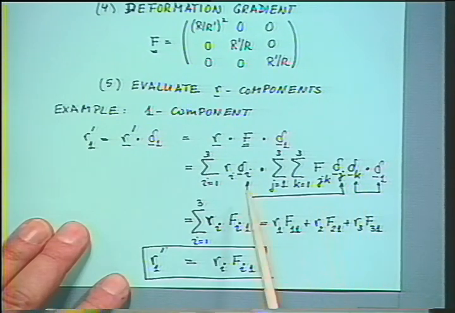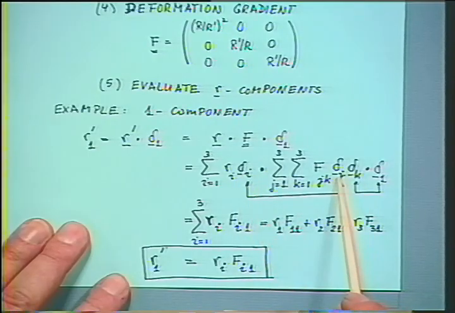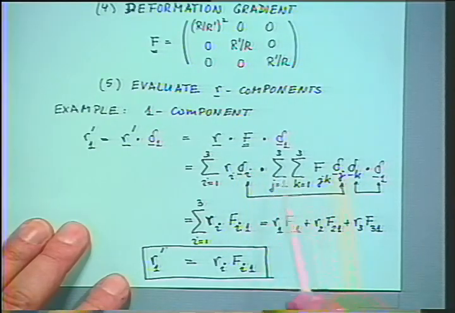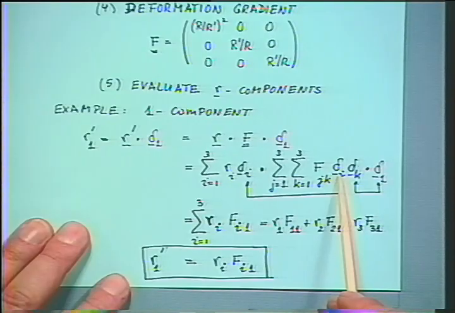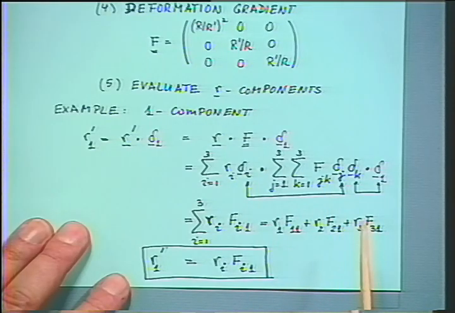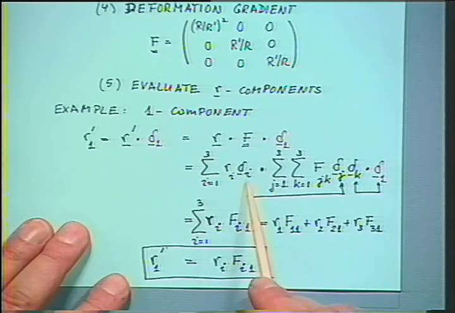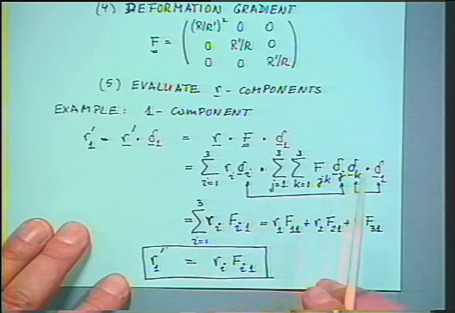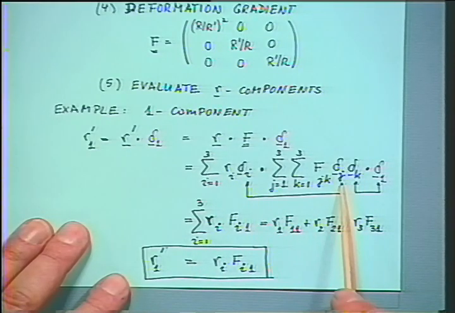In the same way, we look at the dot product delta i and delta j. Those are unit vectors in different directions, and the dot denotes a scalar product of the two. And this scalar product is equal to 1 if i is equal to j, and it's equal to 0 if i is different than j.